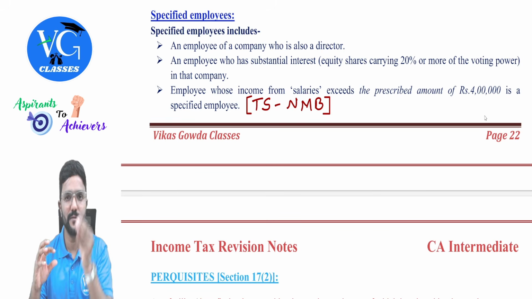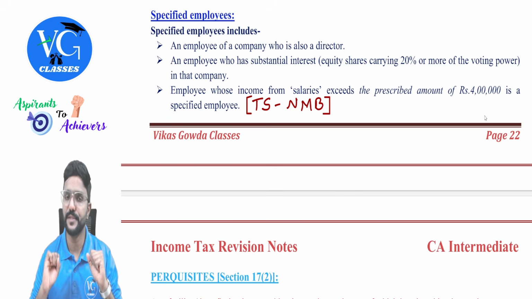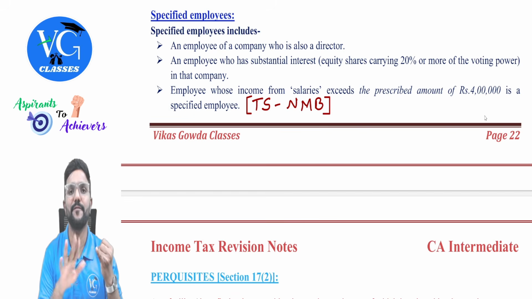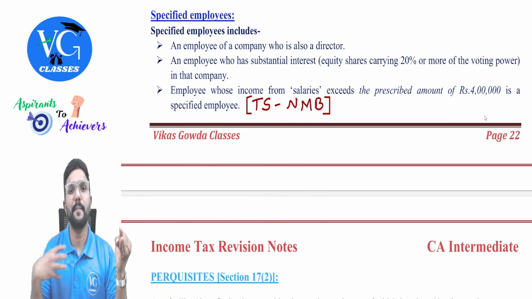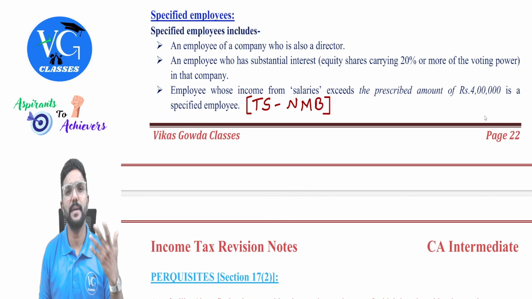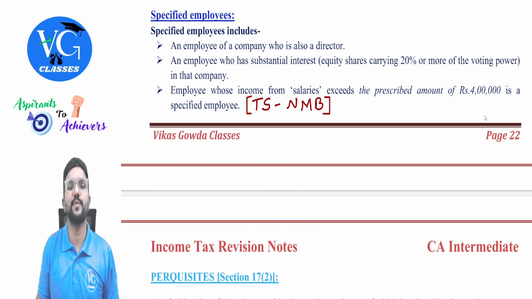Guys, please be careful in a few scenarios. I'm just going out of this and explaining part of the syllabus. In a few cases, the person might be receiving salary, but there is no employer-employee relationship. For example, salary received by a partner from a partnership firm, or salary received by an MP or MLA from the government, or even salary received by any person who is not under an employer-employee relationship.